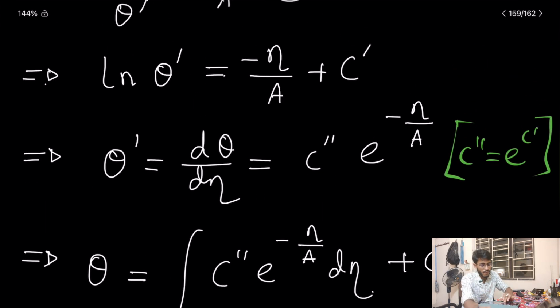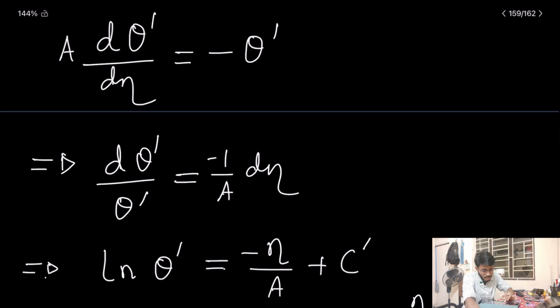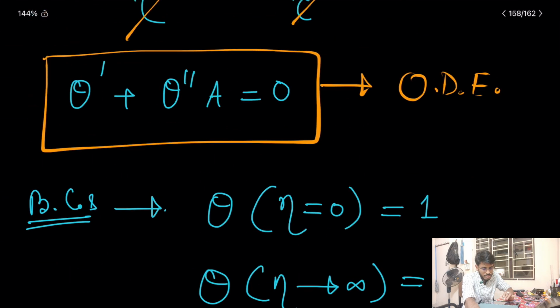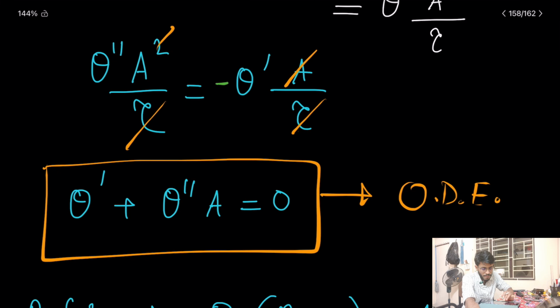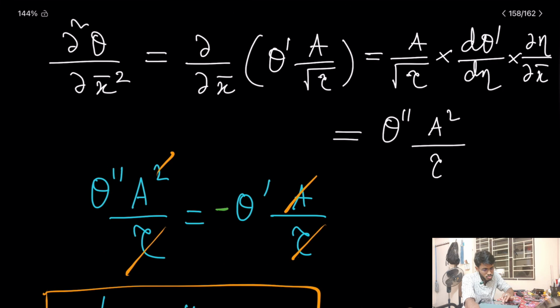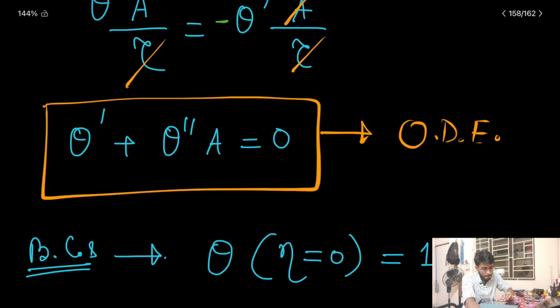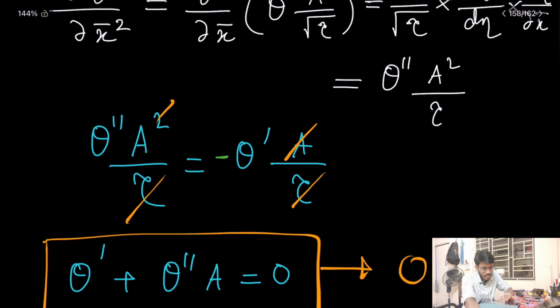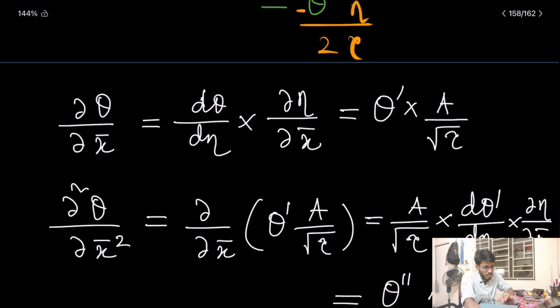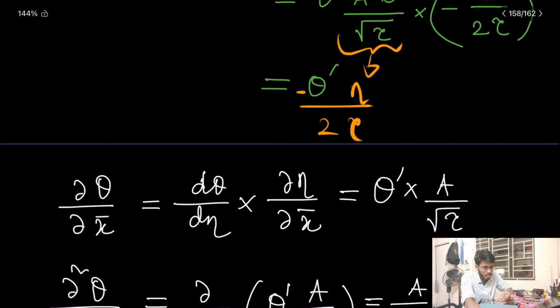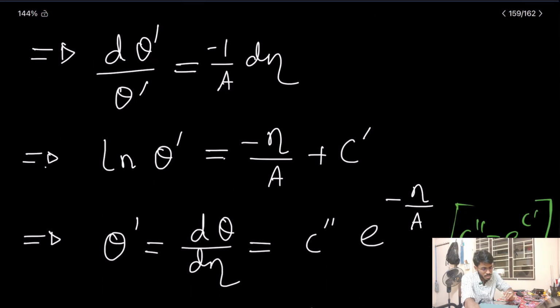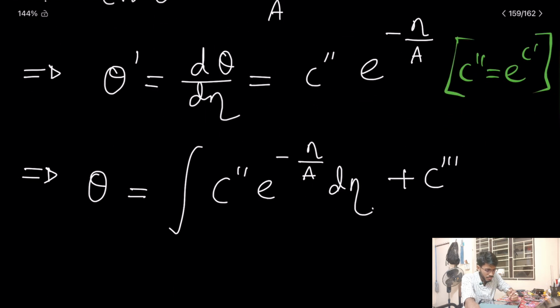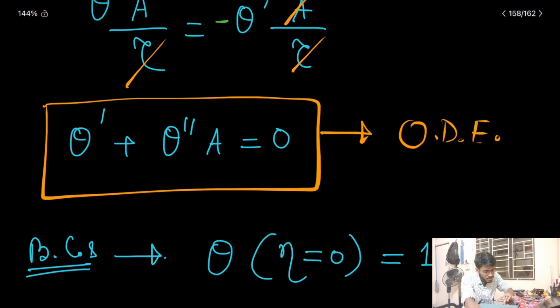Before that, let me check if I have made any mistake. I think there should be one eta here. If I have not made any mistake, no, as far as I remember.